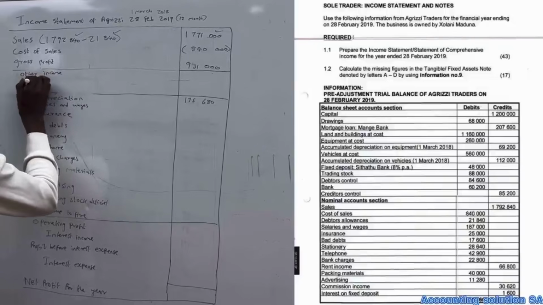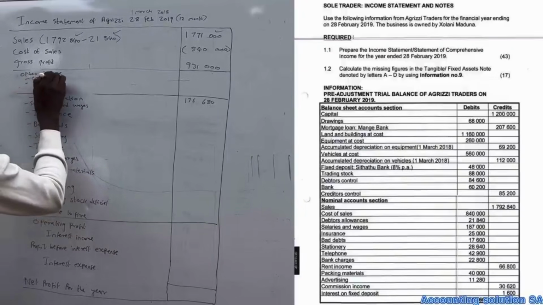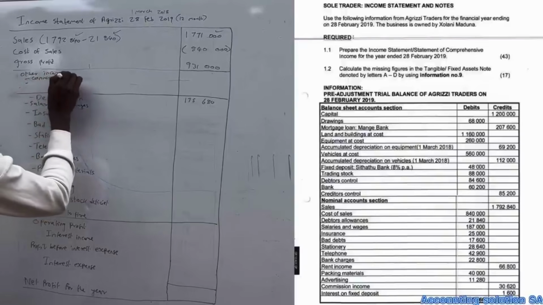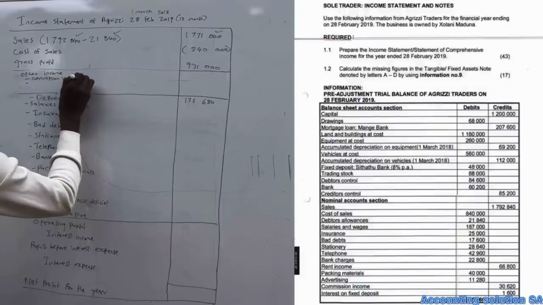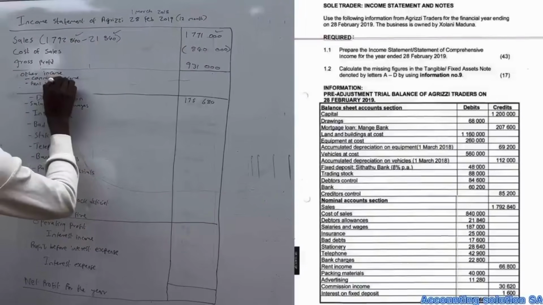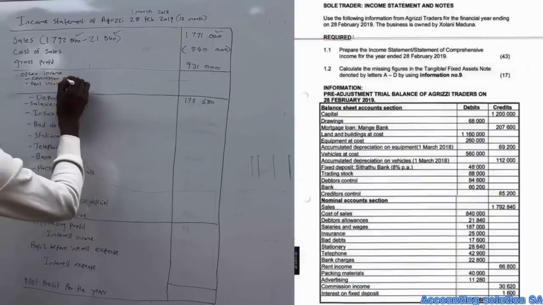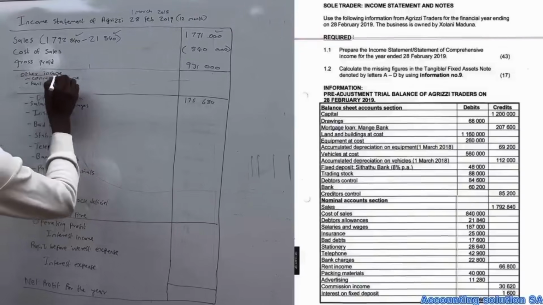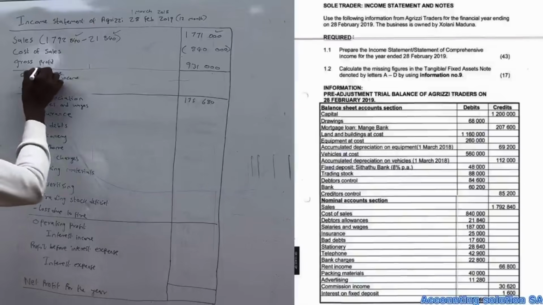The income that we had in this case: we have commission income, and we also have rent income. Okay, this is what we have.